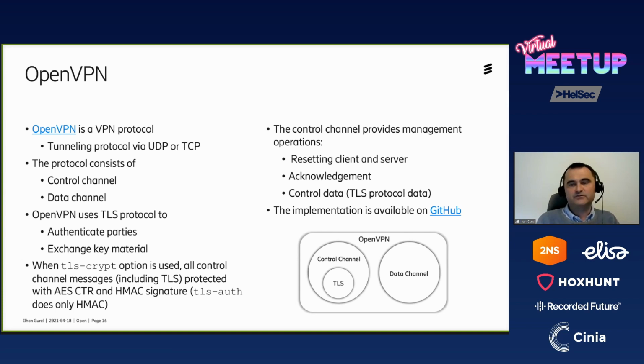By using TLS-crypt, you can actually establish two levels of encryption: one TLS, and on top of that you can encrypt the entire control channel as well. By using this control channel, you can reset client and server, do acknowledgements, and eventually exchange enough data, and then exchange data on the data channel as well.